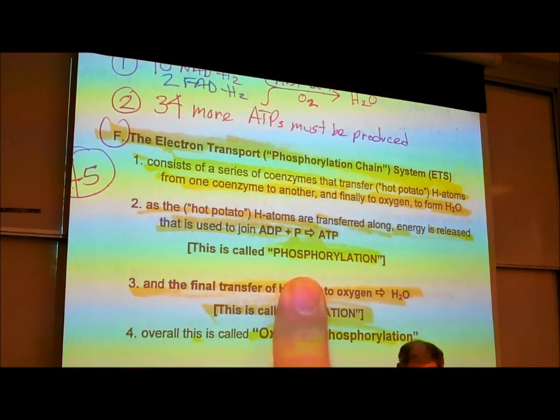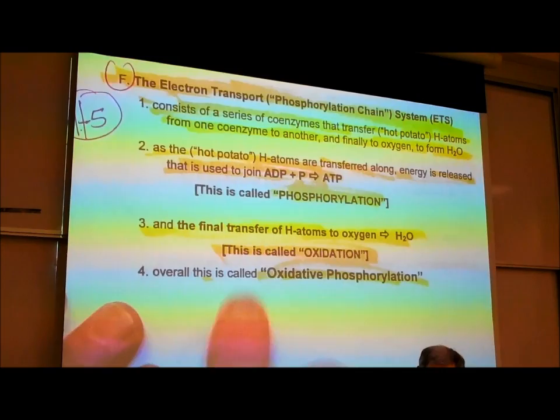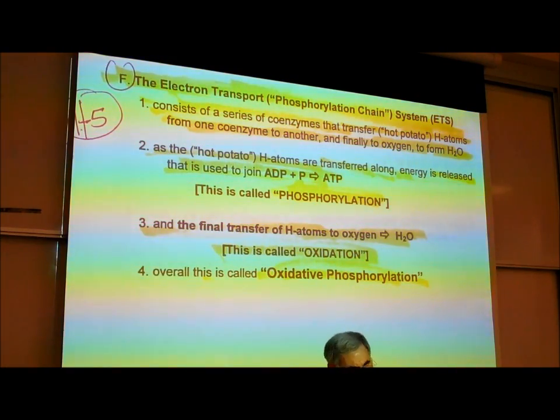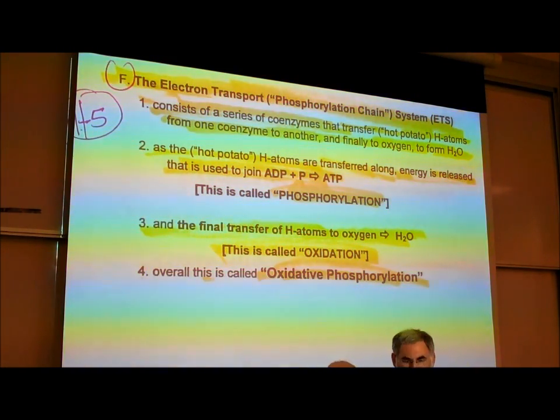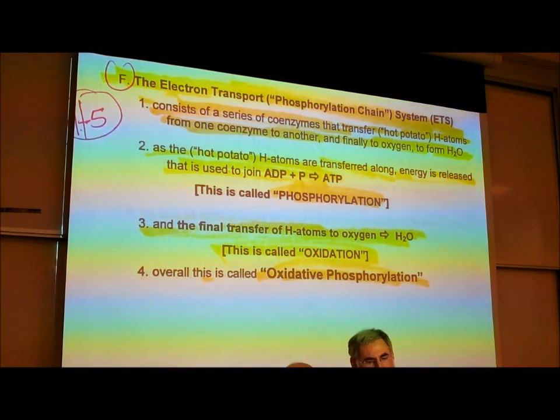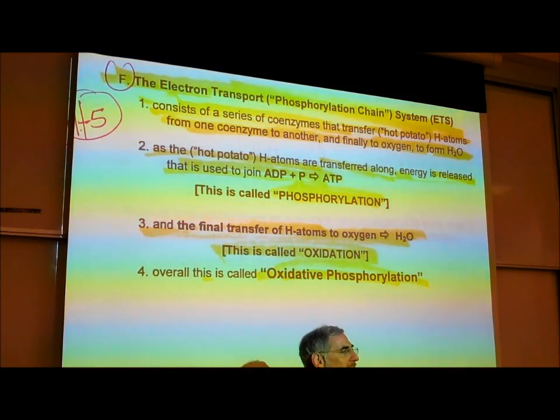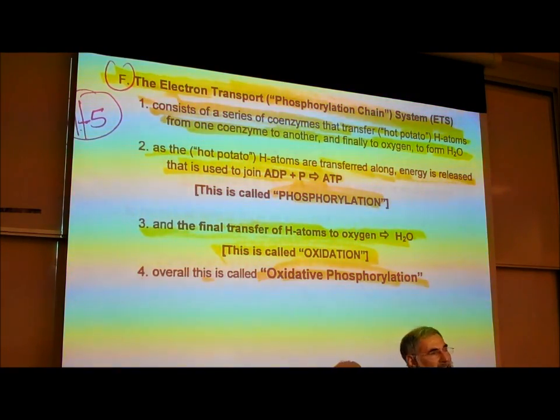This is called phosphorylation. And the final transfer of hydrogens to oxygen to get rid of them and form water is called oxidation. So overall, what do we call this process? Oxidative phosphorylation.